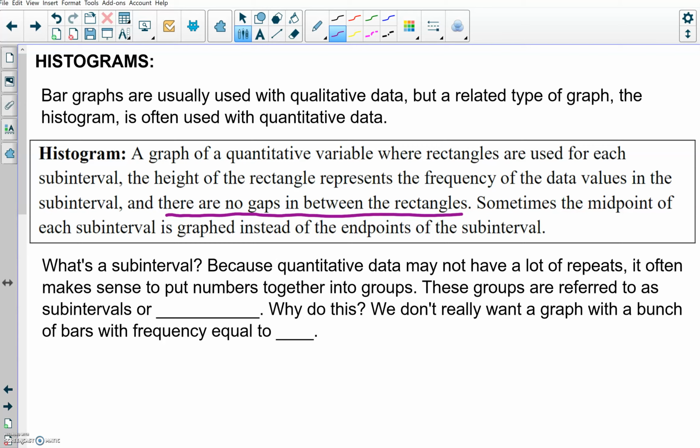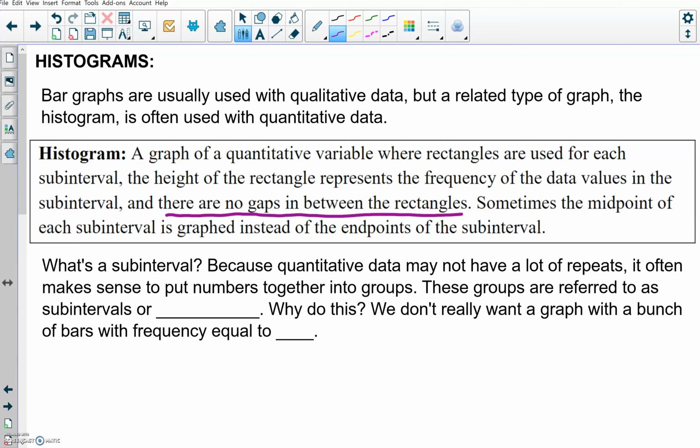So what's a subinterval? It's the rectangles used for each subinterval, data values in the subinterval. Well, because quantitative data may not have a lot of repeats. For example, if you're measuring heights with very accurate measurements, you may have things like 5 foot 0.52222 and 5 foot 0.737, and if you don't have a lot of repeats, it often makes sense to put the numbers together into groups.